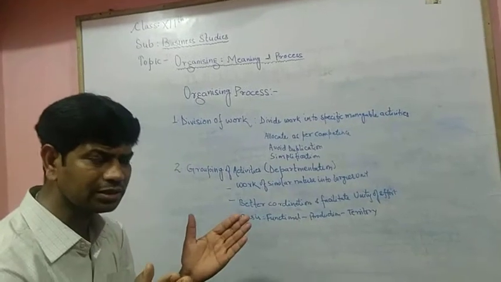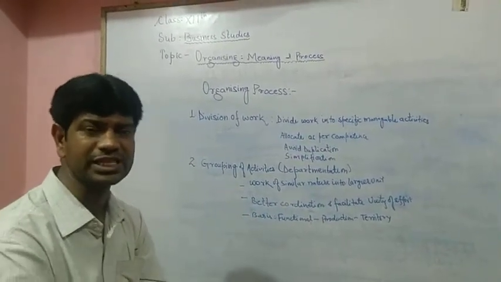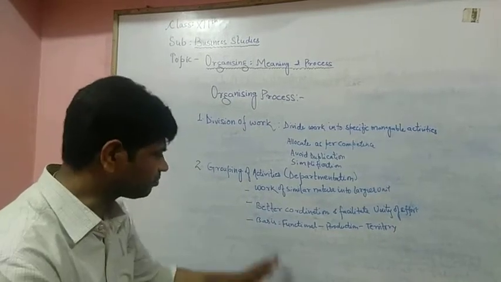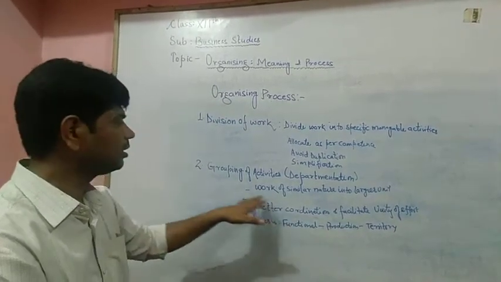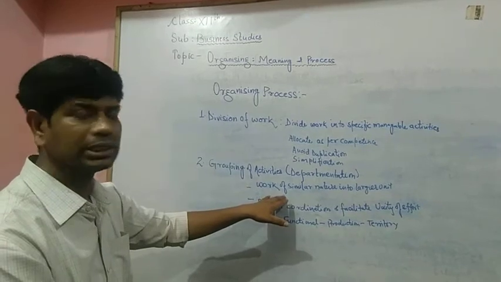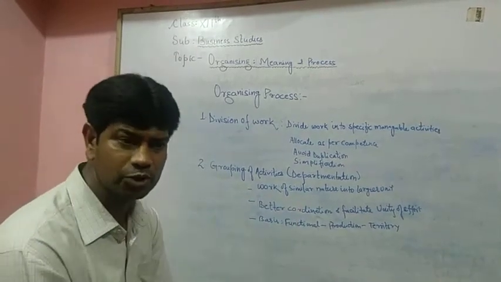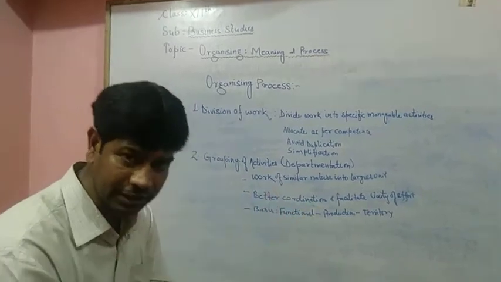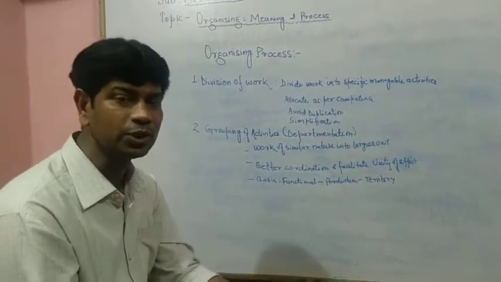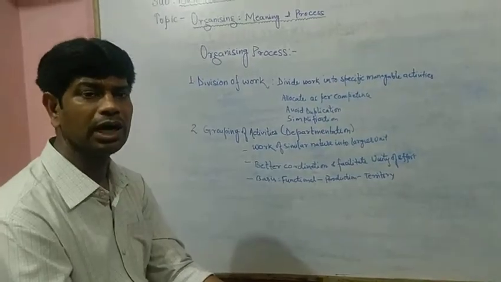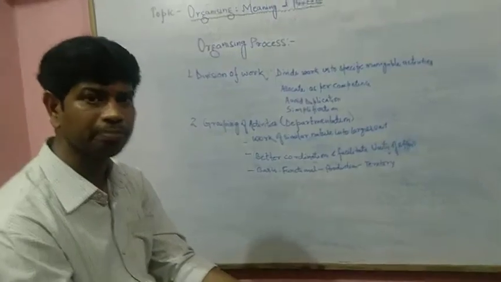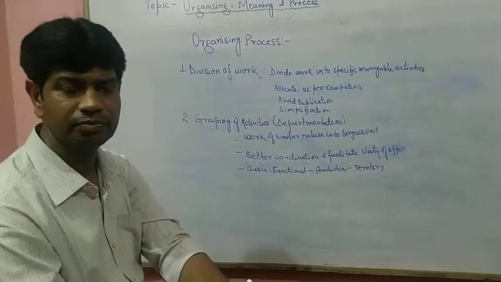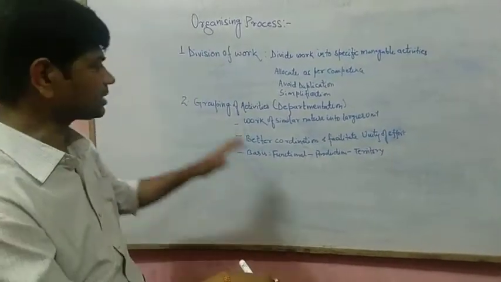So division or departmentation is basically grouping of the activities on this basis, for the purpose of making a larger group so that, on the basis of providing a unifying effort, we group them into a manageable common group, and it helps us in better coordination. This is the second step of the organizing process.